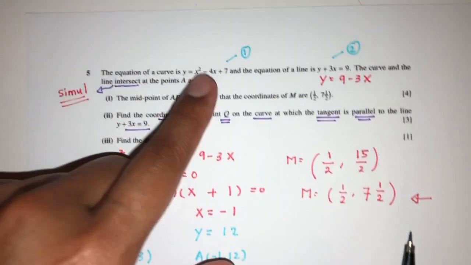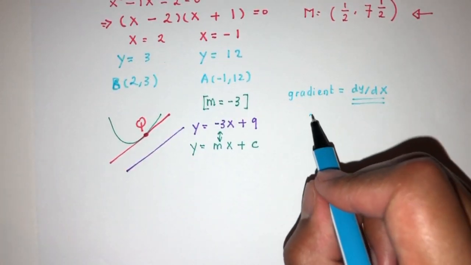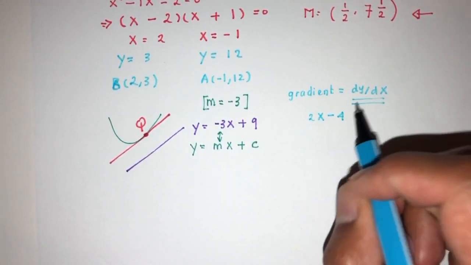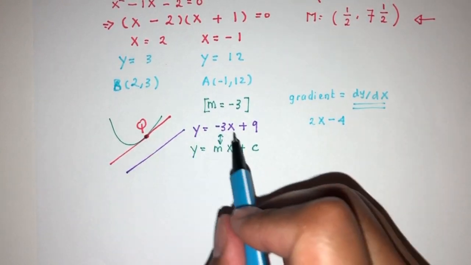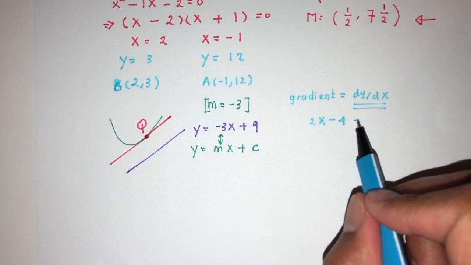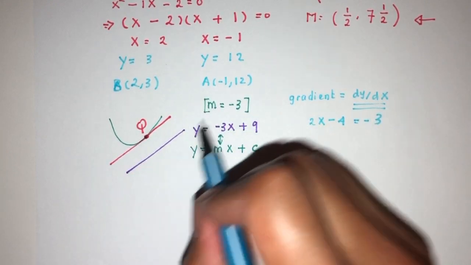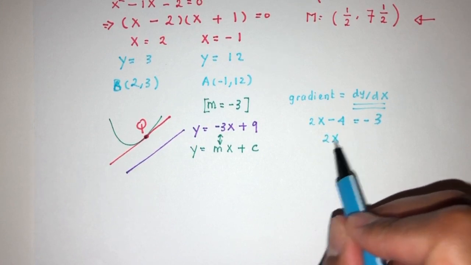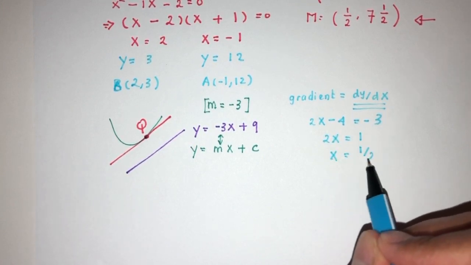So y is equal to this for the curve. So dy by dx will be 2x minus 4. This will be dy by dx. Now we know that at this point we need the gradient to be equal to minus 3 because it needs to be parallel to the line. Now 2x has to be minus 3 plus 4, which is 1. x will be the value of half.